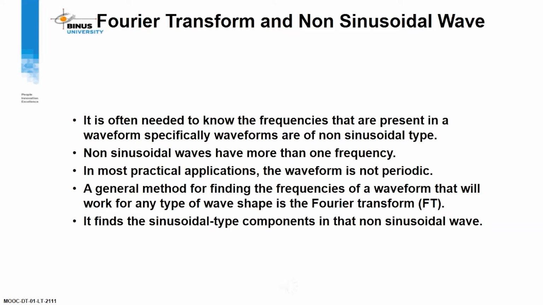In most practical applications, the waveform is not periodic. A general method for finding the frequencies of a waveform that will work for any type of wave shape is the Fourier transform. It finds the sinusoidal type components in that non-sinusoidal wave.